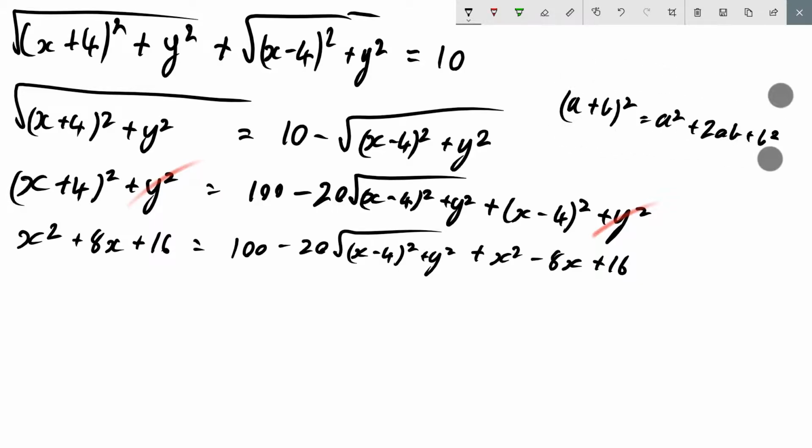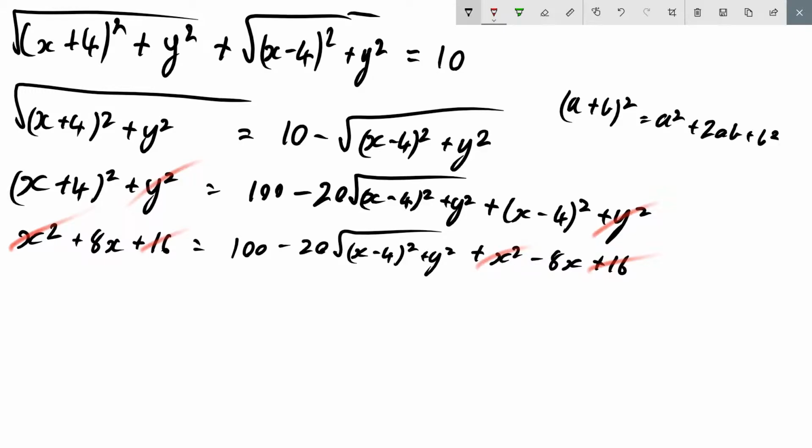Again, I'm applying this rule here, perfect squares. We now have more cancelling. These x squareds cancel, these 16s cancel, and we can move on from there. So I'm now going to move this root onto the other side, and then I'm going to grab this 8x and move it to the other side.